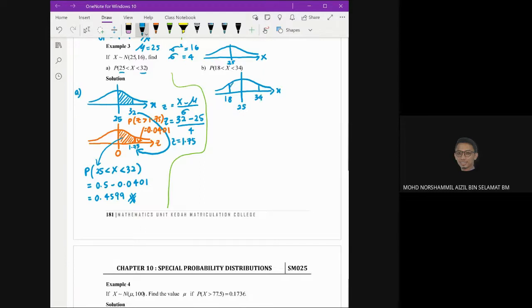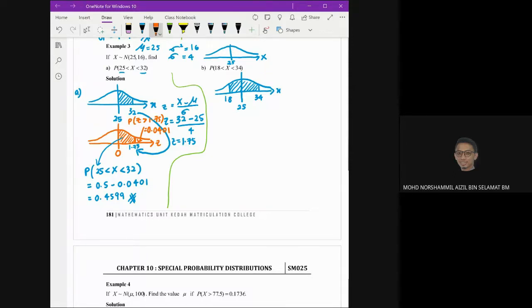So we want this region. Got the idea? So the shaded region will be covered on the left hand side and right hand side. We have to subtract the left and right as well.